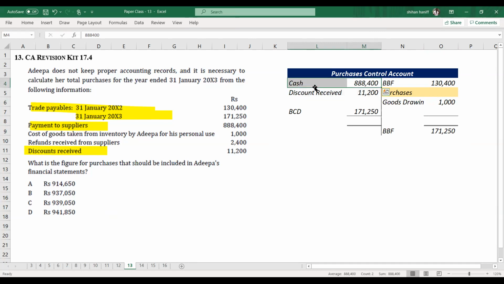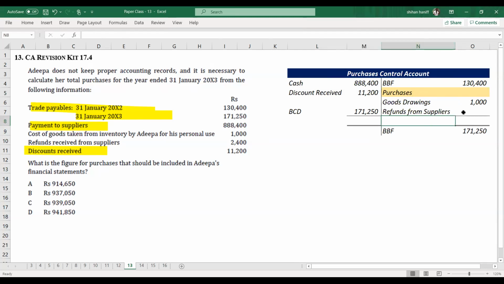If they refund, if they pay back to us, then again our cash balance will increase and the payable account will be credited. Refunds will be 2001.